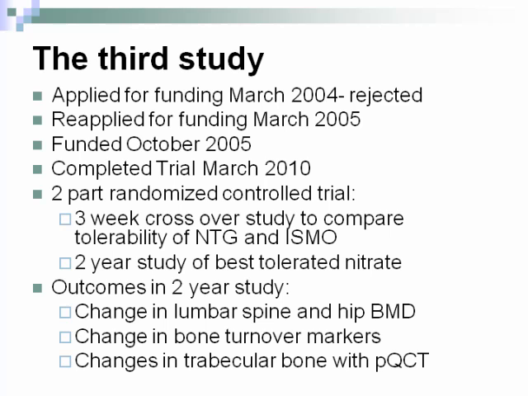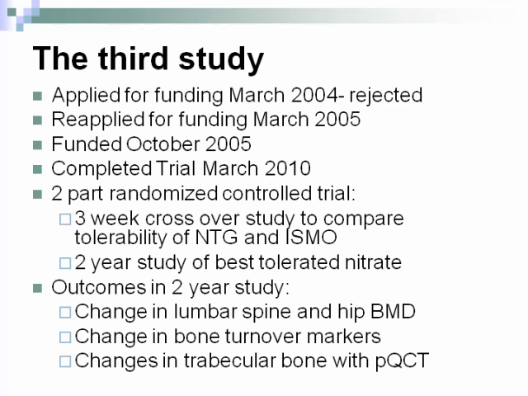This was a two-part randomized trial, and it consisted of a 3-week crossover study that compared the tolerability of nitroglycerin, the transdermal, to isosorbide mononitrate, and then we did a 2-year study of whatever the best tolerated nitrate be. The outcomes in our study were change in lumbar spine and hip bone density, and change in spine bone density was our primary outcome.